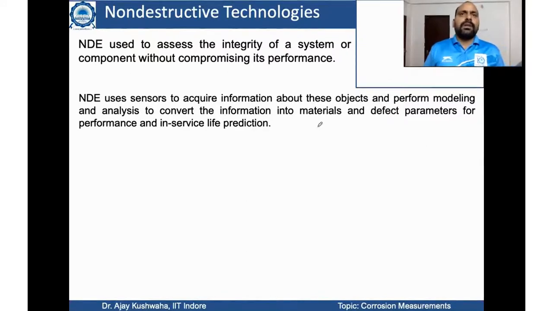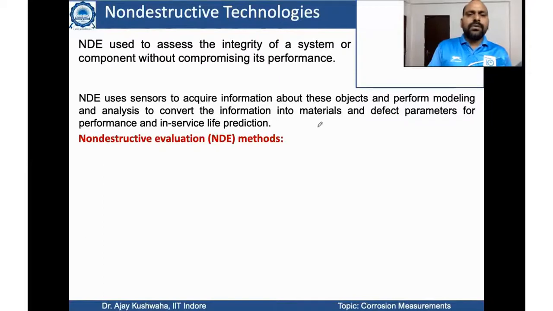Because though the material is the same, all these things are going to affect it. Then what the service life is, what the performance is, and what different conditions can be there in the system. So a variety of different aspects need to be understood, and then we can assess the corrosion by using non-destructive technologies.